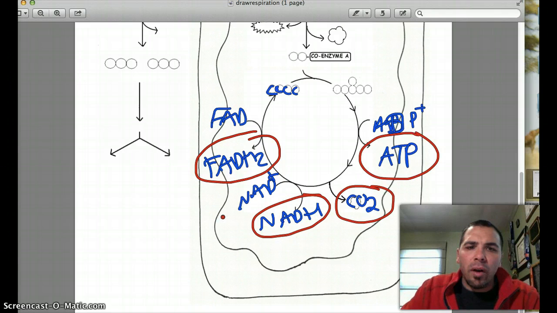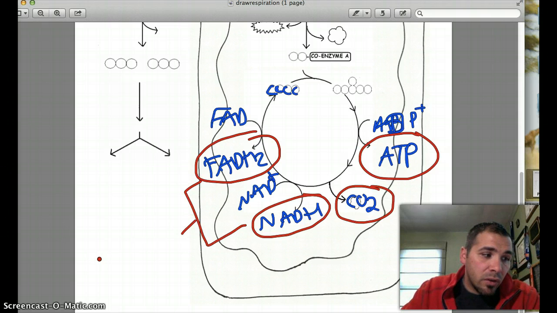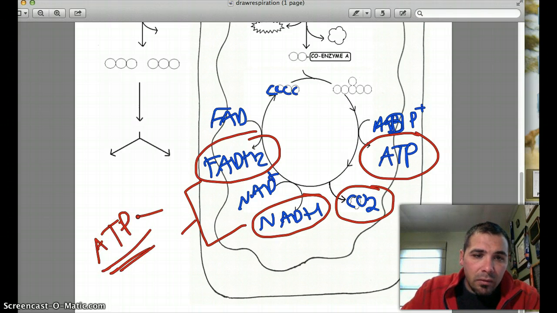That's the important part, because these two things, FADH2 and NADH, are what are used to produce a lot of the ATP during electron transport. These are key. These are those carrier molecules. They drop off the hydrogens.